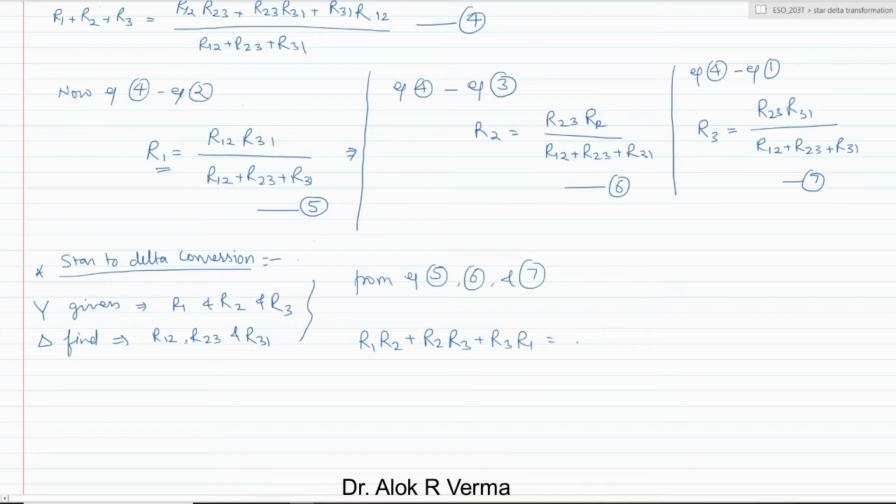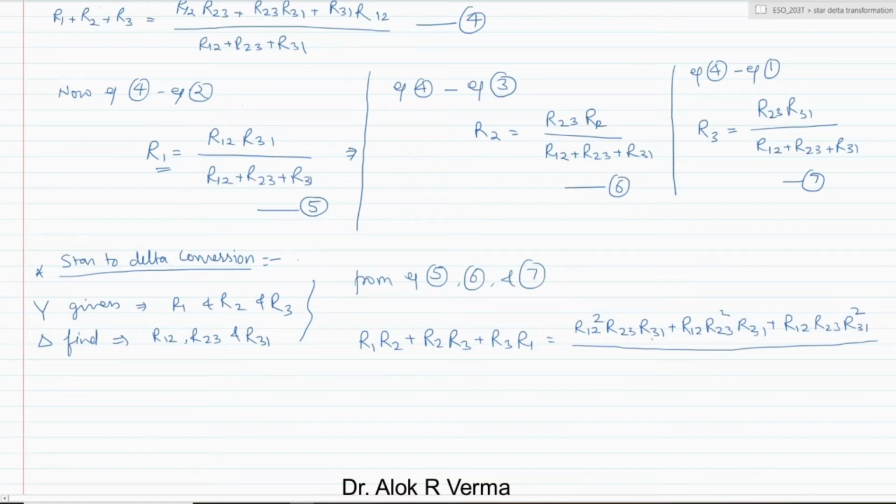If you calculate this quantity, what you'll get? You'll get R12 square R23 R31 plus R12 R23 square R31 plus R12 R23 R31 square. You can just try it out.